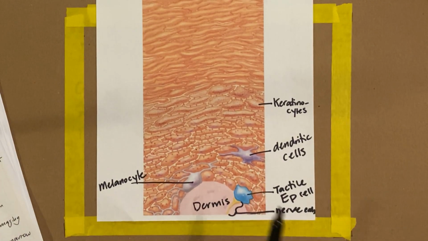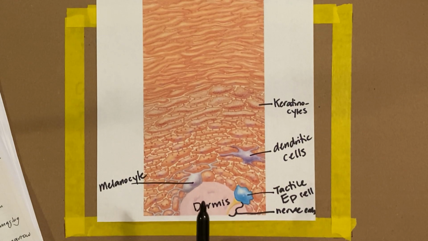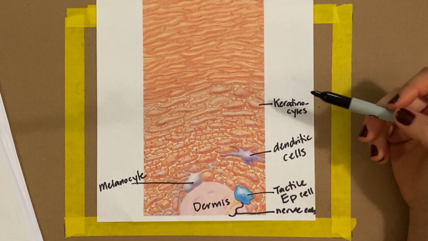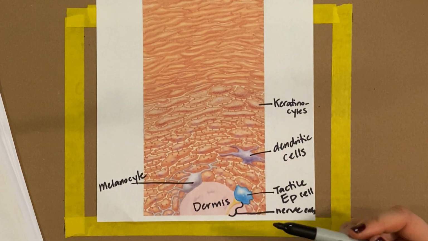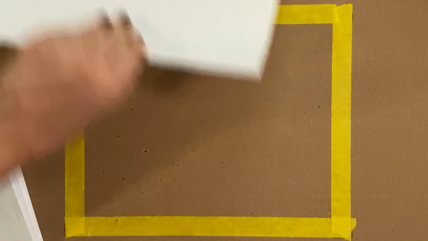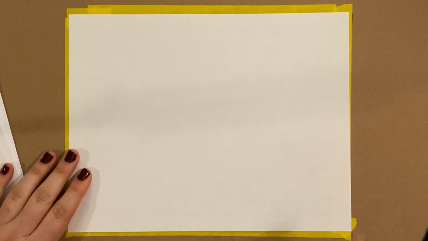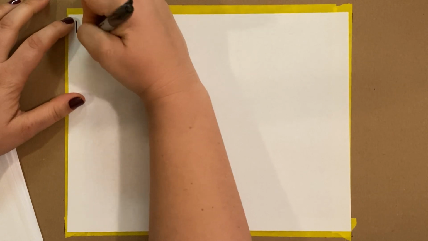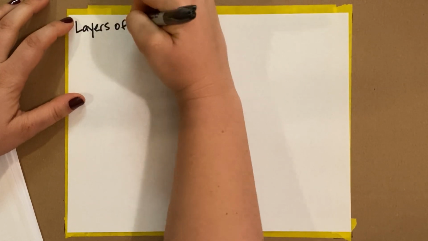Okay, so once we talk about the different types of cells, we can now start to talk about the different layers of the actual epidermis. Okay, now the epidermis is going to have a different amount of layers depending on where it is. So let me just put layers of epidermis.